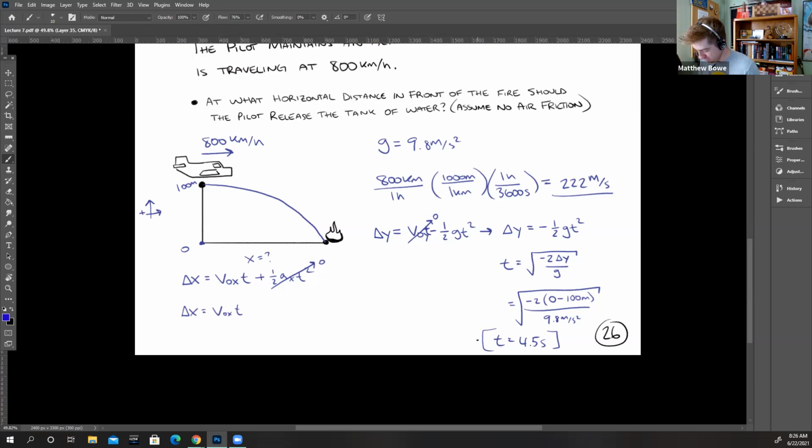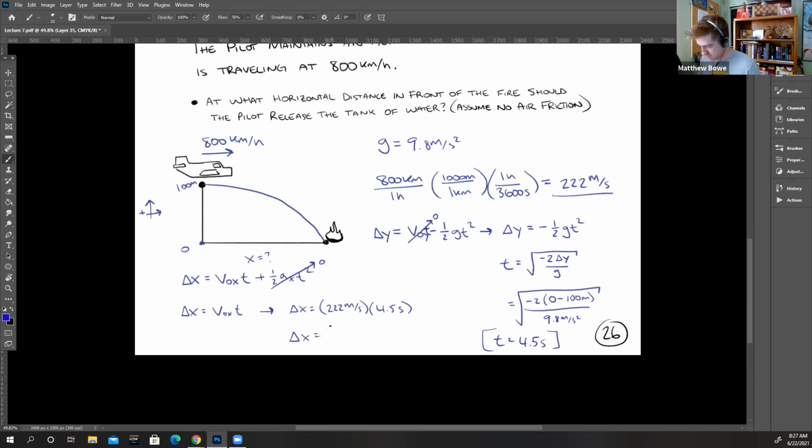And that is where you can hopefully see that we're going to plug this value we found for the time into this equation. Delta x equals 222 meters per second times 4.5 seconds.